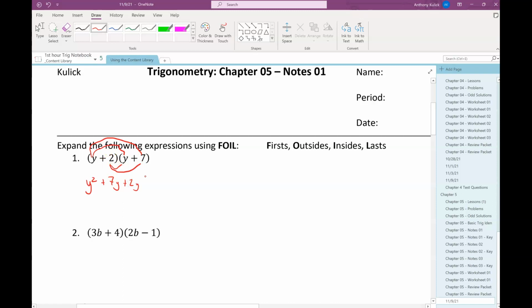We multiply the last things together, which is 2 times 7, which is 14. And then we can combine our like terms. 7y and 2y, we add coefficients, but the degree on the variable stays the same. So we end up with y squared plus 9y plus 14.